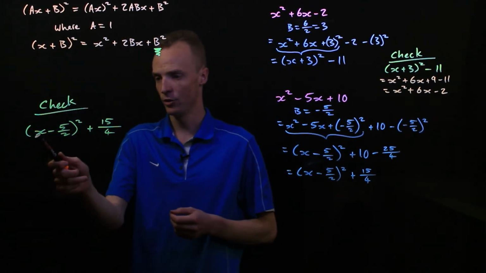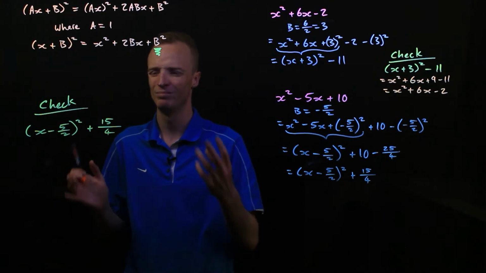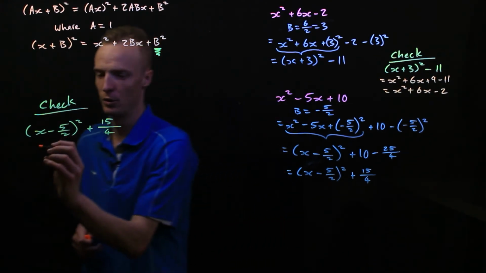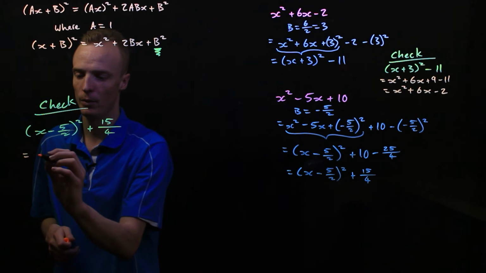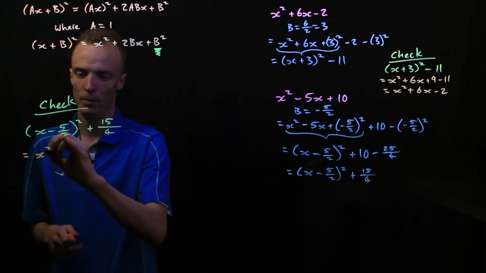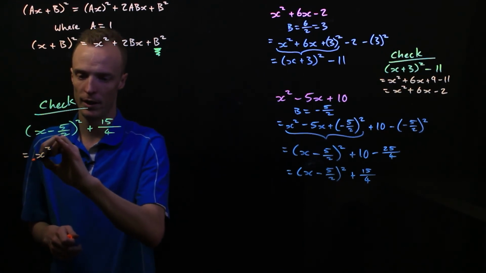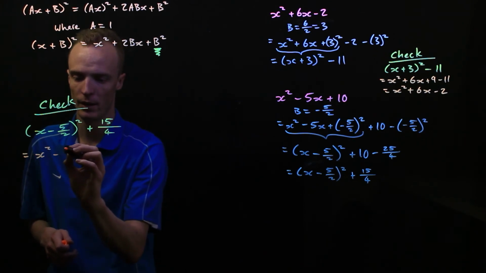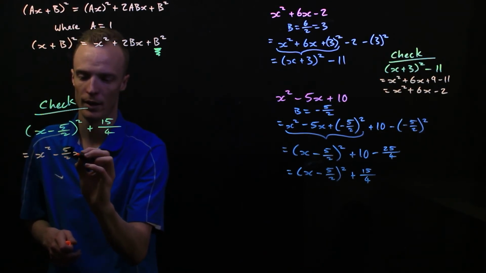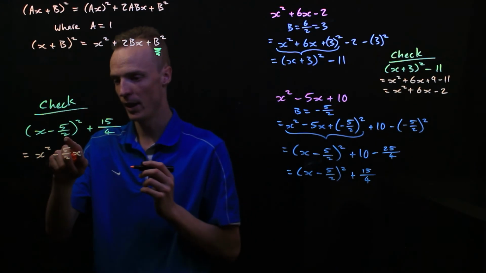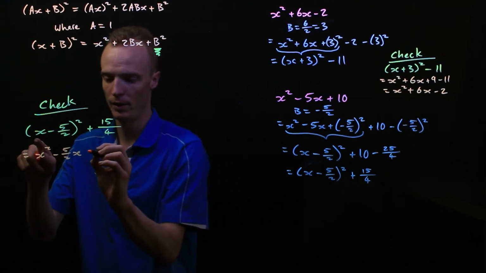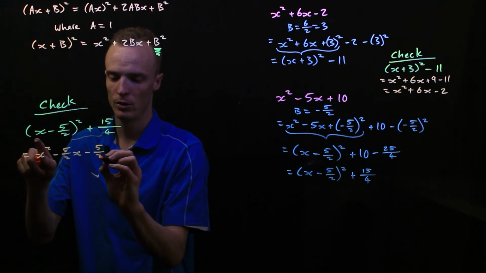So let's just expand this out, and I'll do it a little bit longer than I usually do. So x times x will be x squared. Then it'll be this term times this term. So -5 on 2 times x will be take 5 on 2x. I need to do it again. So -5 on 2 times x will be take 5 on 2x.